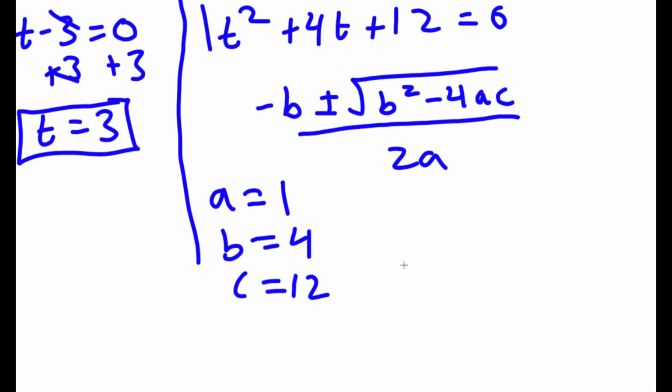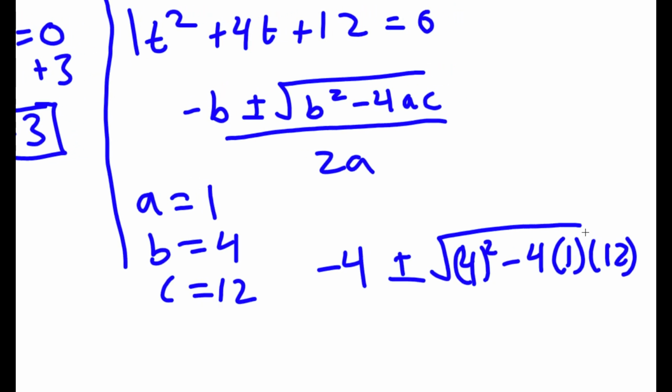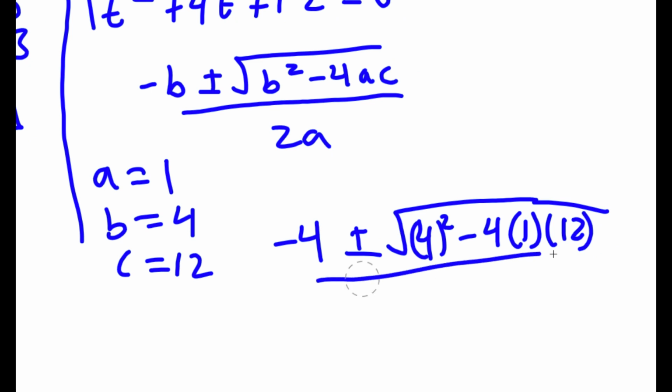So now I have negative 4 plus or minus the square root of b squared, so 4 squared, minus 4 times a, which is 1, times c, which is 12. And now I'm dividing this by 2 times a, so 2 times 1.